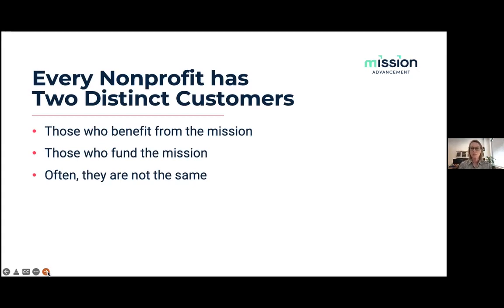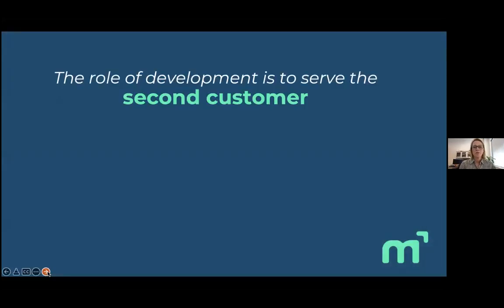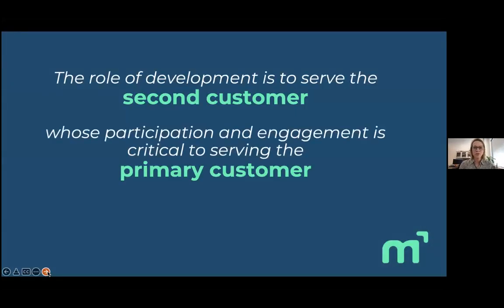And if you're in development full time, you know that this is who you probably wake up thinking about every day: your donor base and those who are funding your primary mission. And so that's the way we like to frame it, that the role of development is serving this other customer, and the participation of that customer base is absolutely critical.